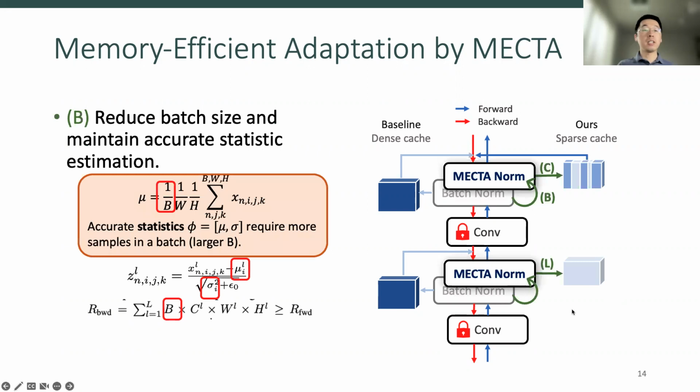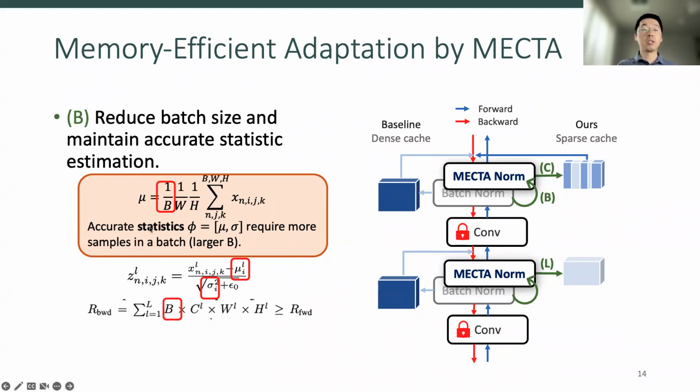Given the notation, we already know that the cache is defined by the normalized features. So first, we want to reduce the batch size. At a high level, it's quite trivial: just feed fewer images into the network. But the problem is you may not get accurate statistics.